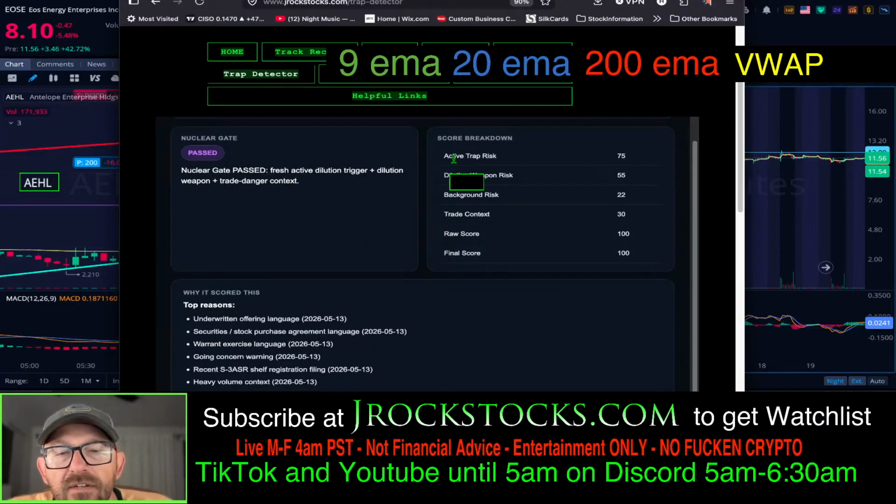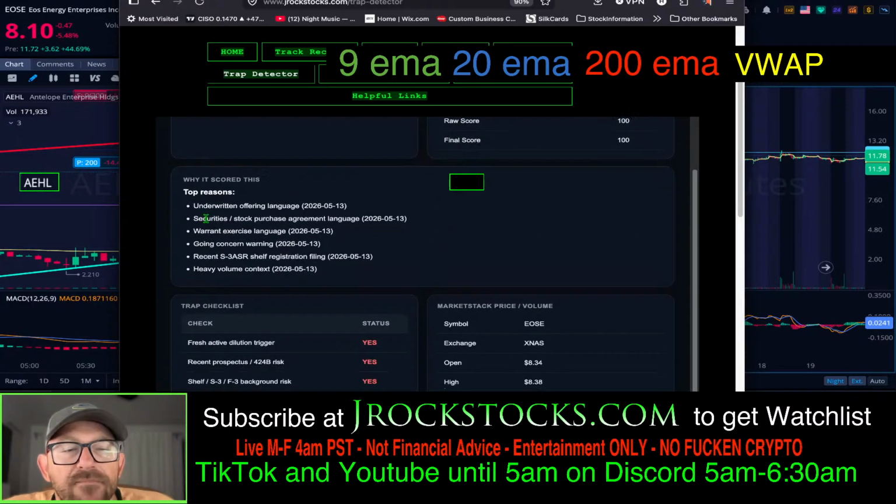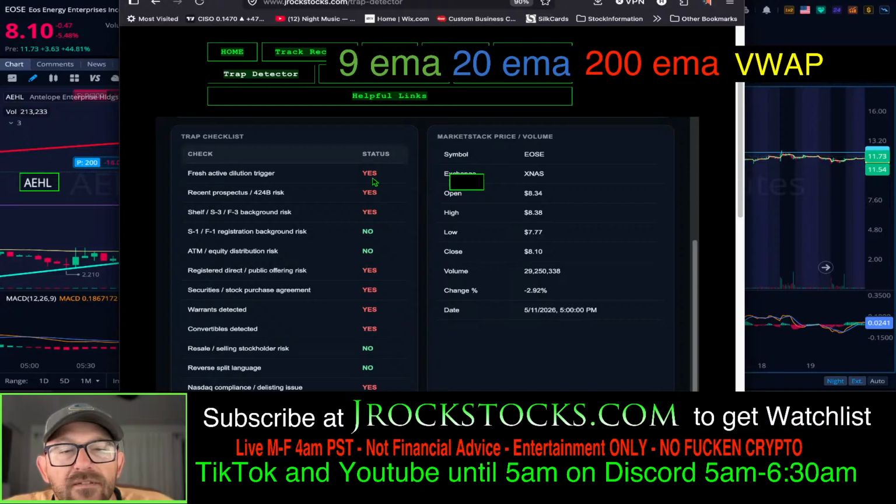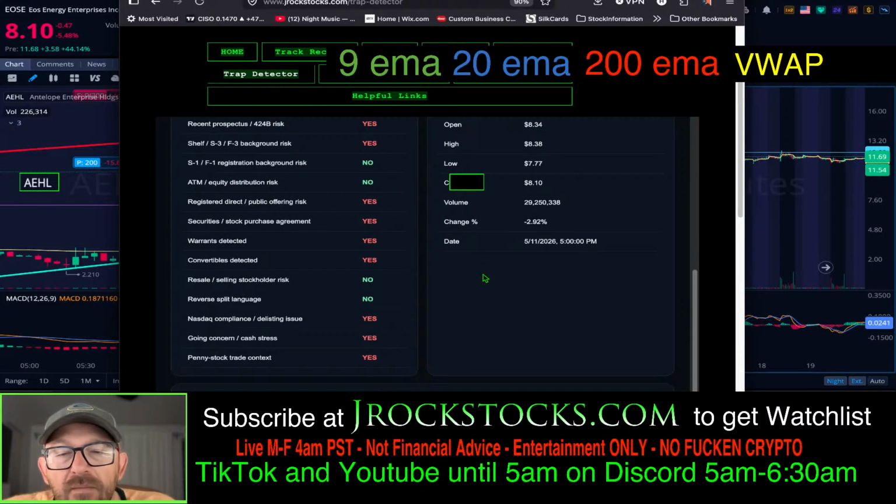So here you go. You have active trap 75, dilution risks at 55, background risk, and so on. You scroll down, it tells you what it found here. Up here it gives you market stack price. This is from yesterday, not current, closed at 8.1.